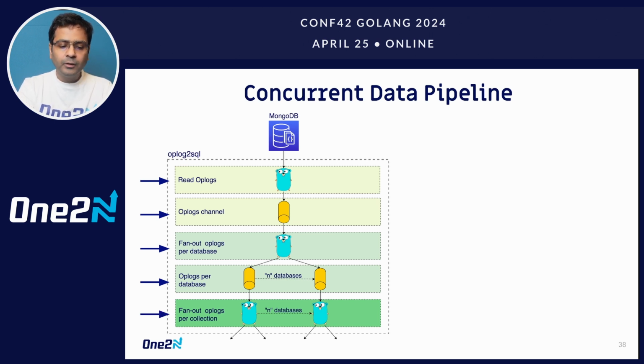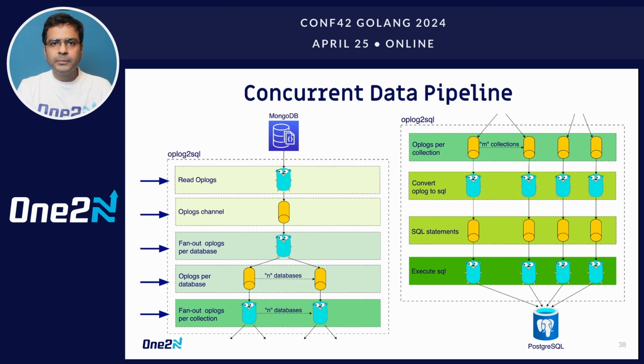Then we have the fan out oplogs per collection. So we have those n go routines, one for each database. As and when they encounter an oplog for a different collection in the database, they are going to create m such channels. And each go routine will then process oplogs for that channel only, which specifies a database and a collection combination.